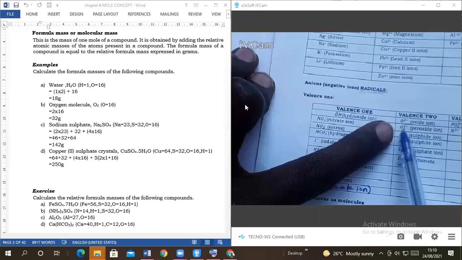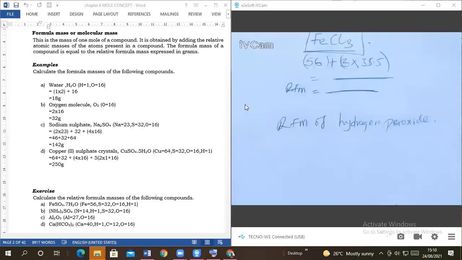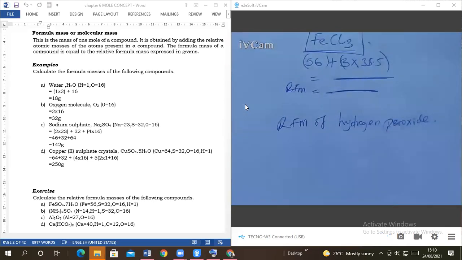It is O2, then there's a 2 negative up. Hydrogen, you know where it falls. So I want the formula of hydrogen peroxide and its relative formula mass. I'm going to give you about 2 minutes.